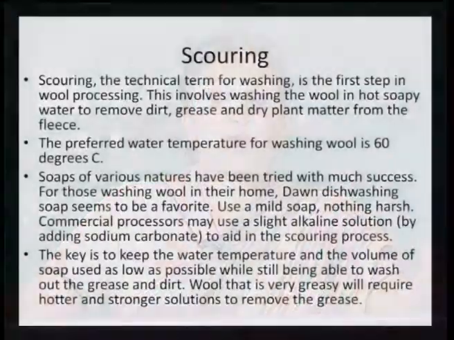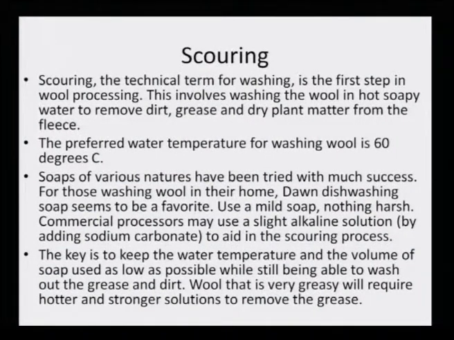The preferred water temperature for washing wool is 60 degrees centigrade. Soaps of various natures have been tried with much success. For those washing wool in their home, Dawn dishwashing soap seems to be a favorite. Use a mild soap, nothing harsh.